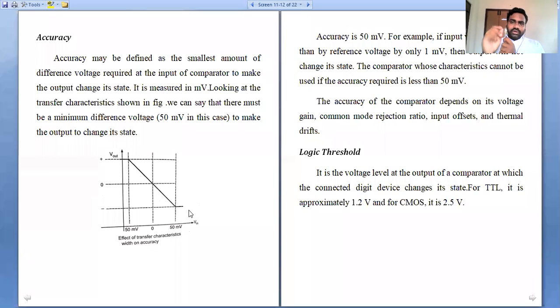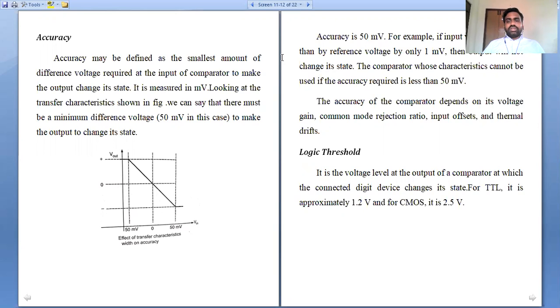In an electronic device, if the transfer characteristics of the accuracy are wide, that means the difference voltage between the input voltage and output voltage is very, very small. Here I am saying the difference voltage is very small, that is 50 millivolts.